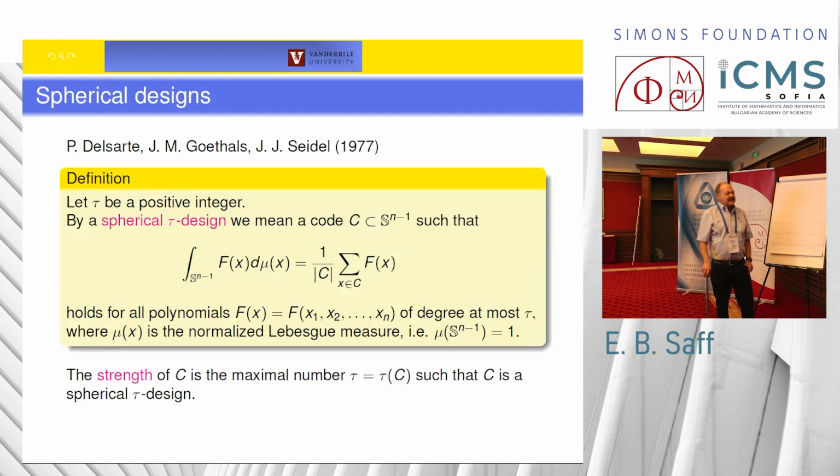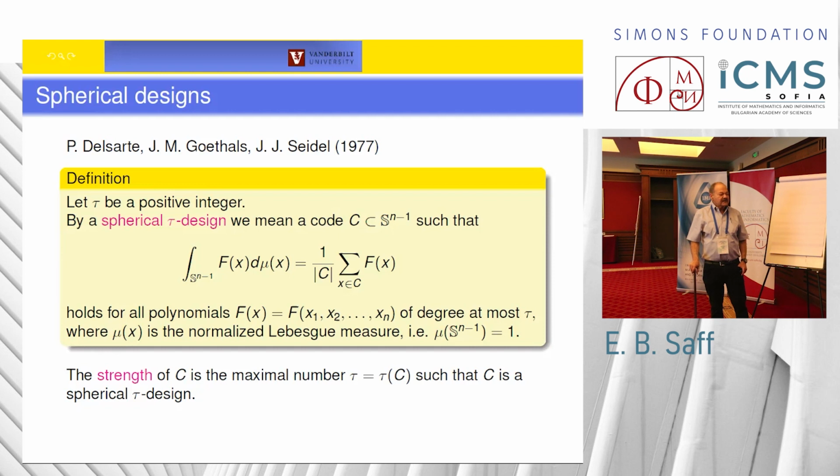A spherical tau design is a collection of points with the property that if you take any polynomial in n variables of degree at most tau and integrate it with respect to the uniform measure on the sphere, the surface area measure, normalized, that's the same thing that you get if you take the average of your polynomial over those discrete points.